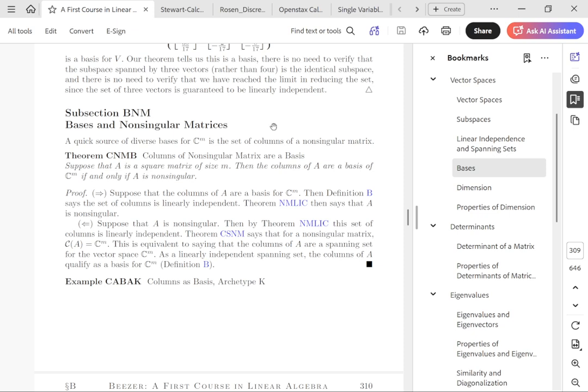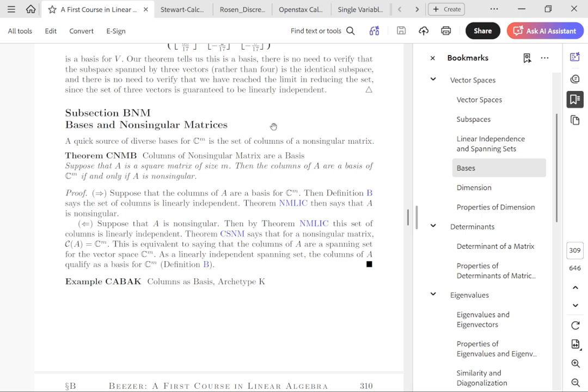It says, suppose that A is a square matrix of size n, then the columns of A are a basis of C^n if and only if A is non-singular. So if we have a non-singular matrix, this theorem is telling me that its columns form a basis for whatever the size of it is. If it's a 3 by 3, then it's for R3. If it's a 4 by 4, then it's for R4.